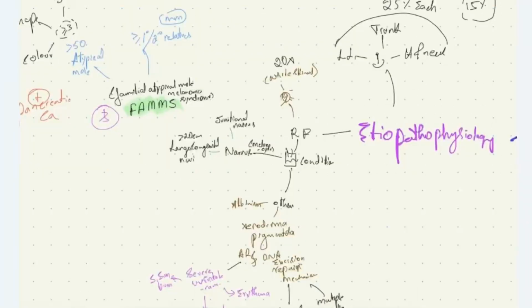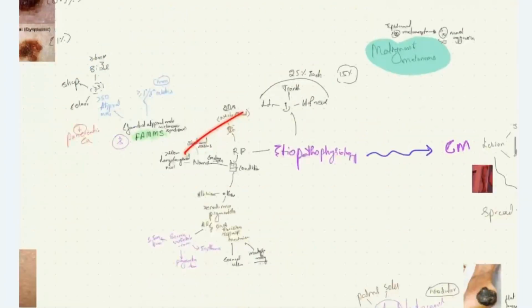That's it. No dysplastic changes, no atypical changes in this. Only increased proliferation of melanocytes leads on to nevus. There we have different types like junctional nevus, large congenital nevus, and others. The junctional nevus and large congenital nevi more than 20 centimeter are the risk factors for developing malignant melanoma.